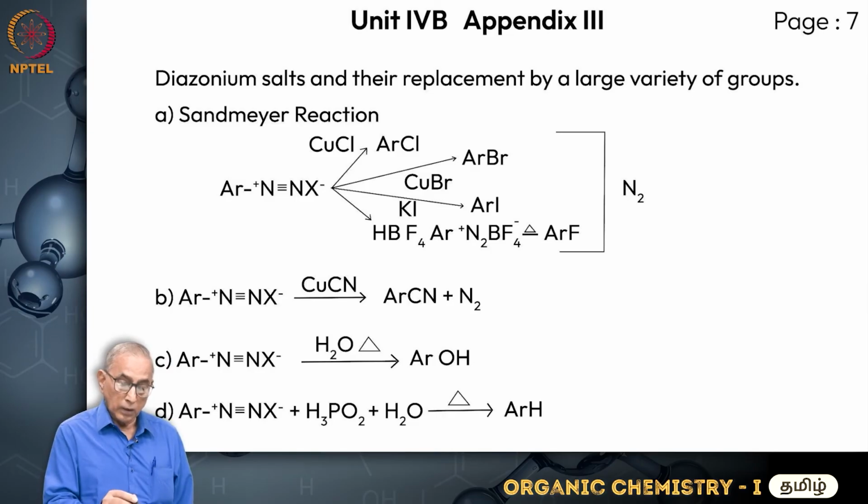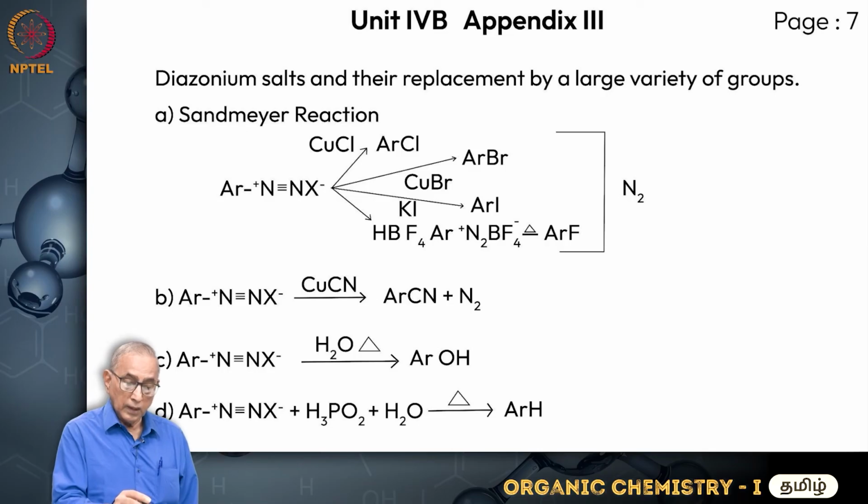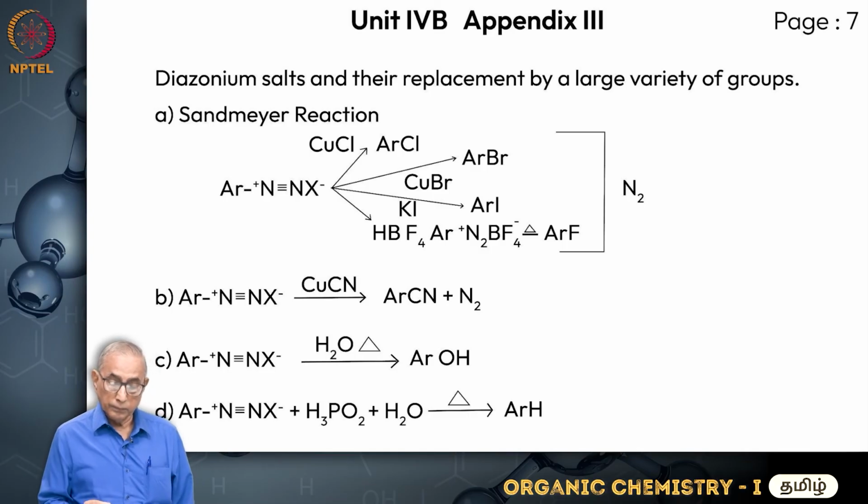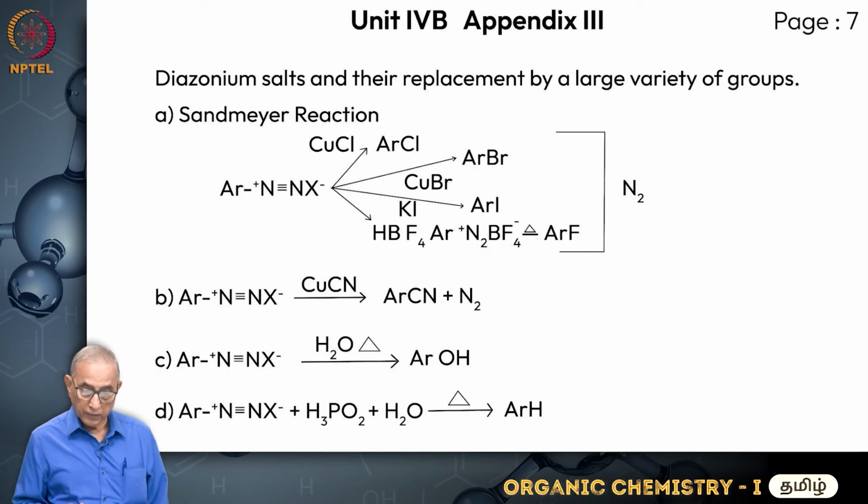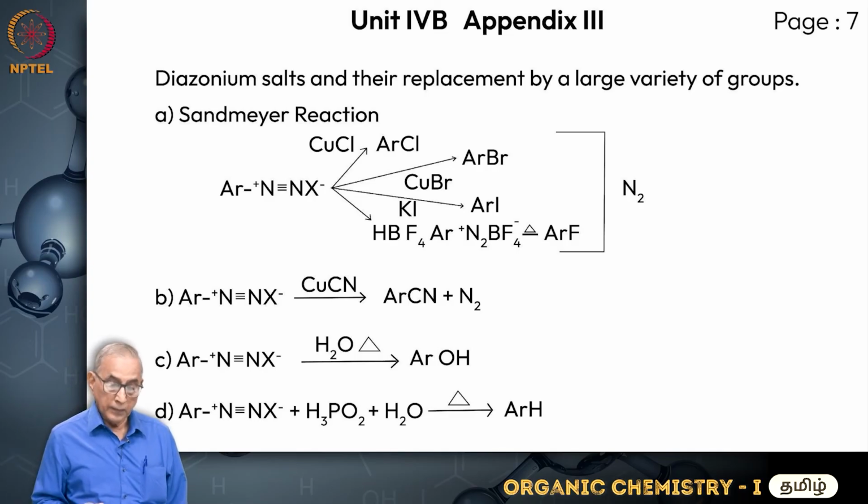If this diazonium chloride reacts with cuprous chloride, you get ArCl, chlorobenzene or chlorotoluene etc. If this diazonium salt reacts with cuprous bromide, it gives ArBr. The Ar can be phenyl or substituted phenyl.